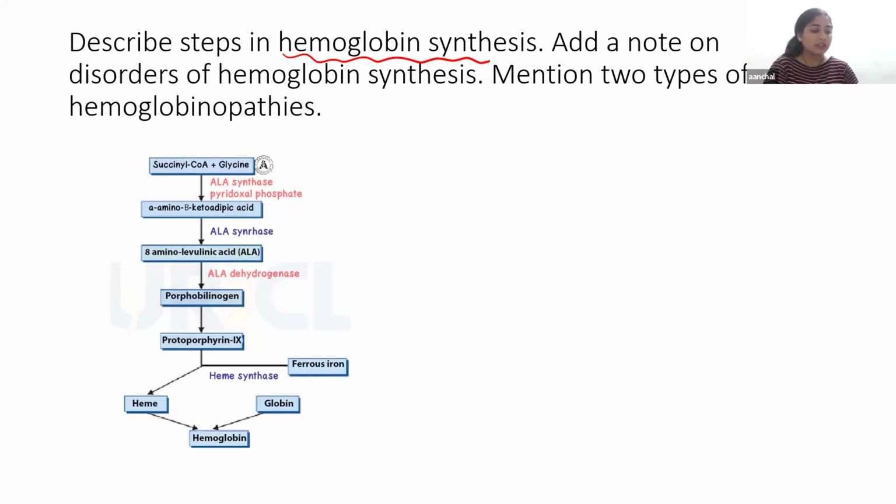So synthesis of hemoglobin, we know that the synthesis of hemoglobin starts in which stage of erythropoiesis? It starts in the pro-erythroblastic stage, right? Already we have studied this. So we know that the hemoglobin starts appearing in which stage?